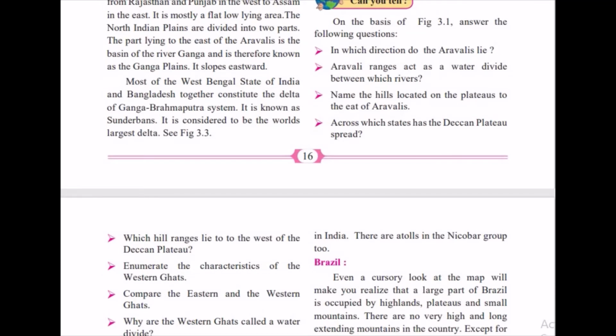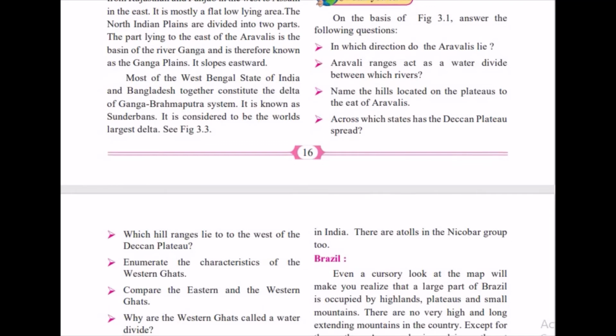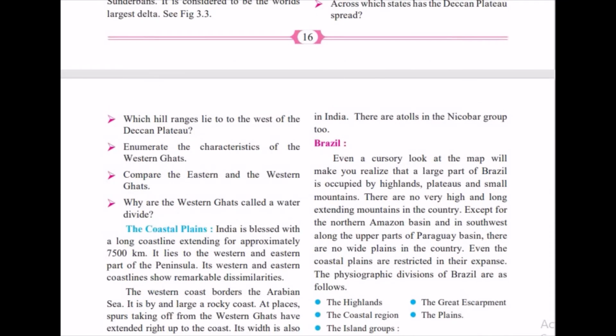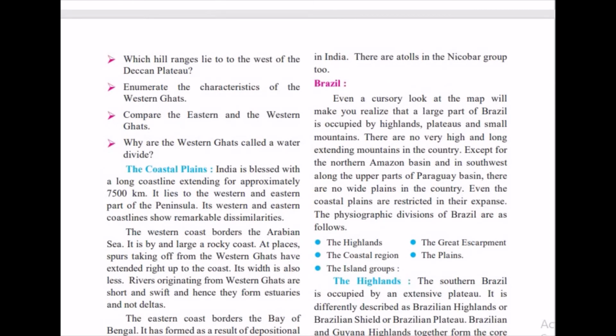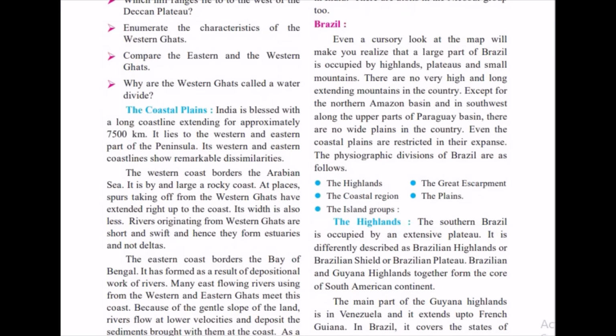Across which states is the Deccan Plateau spread? Which hilly range rises to the west of Deccan Plateau? Enumerate the characteristics of Western Ghats. Compare East and Western Ghats. Why are Western Ghats called a water divide? My dear students, please wait for the video. A separate video will be made by me only to answer these questions.